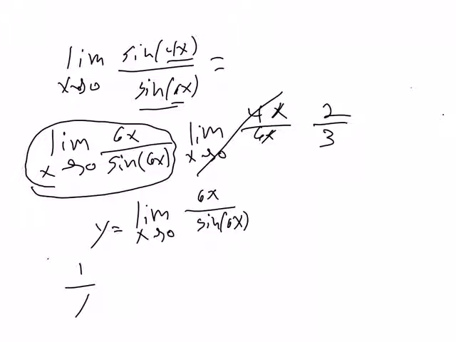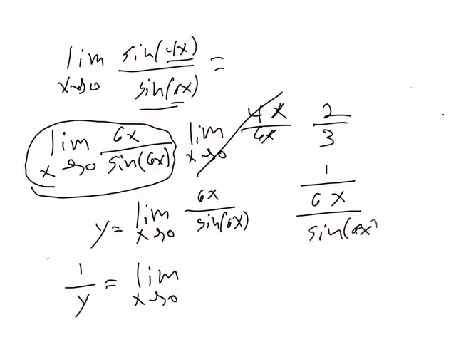Then 1 over y is going to equal the limit as x goes to 0 of 1 over 6x over sine 6x, which is the same as sine 6x over 6x.